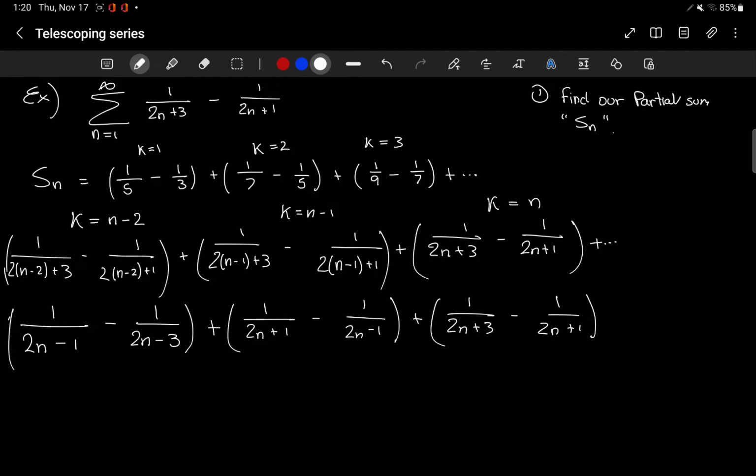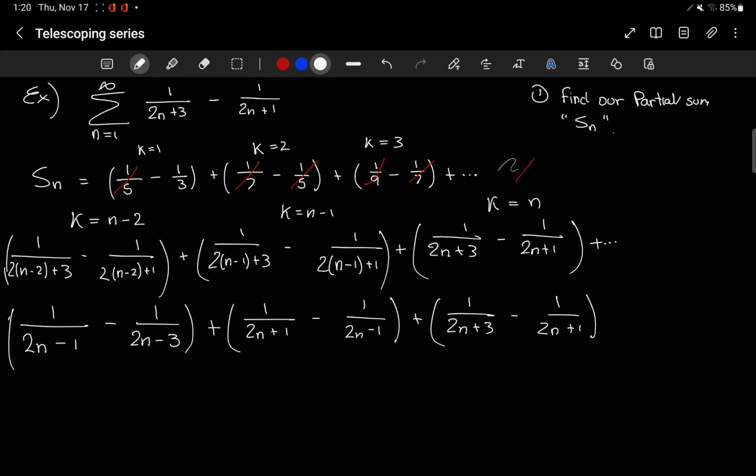Now when you're doing this, you're normally looking for a pattern, and so the pattern here will be the first fraction cancels out with the last fraction in the next term.